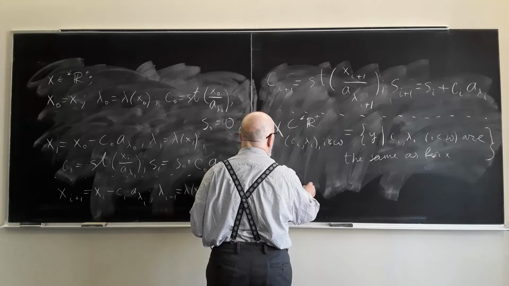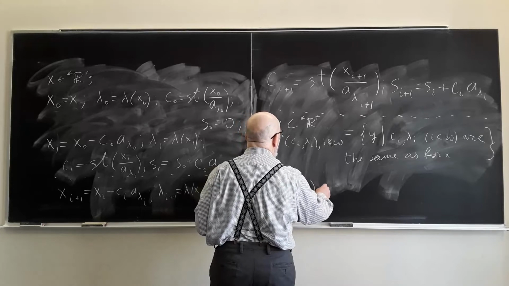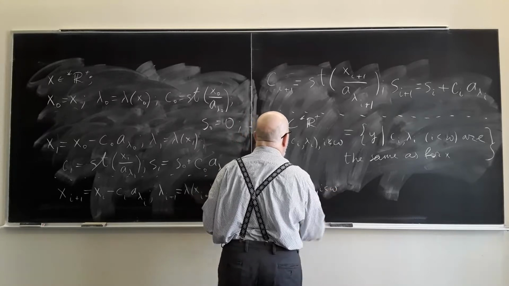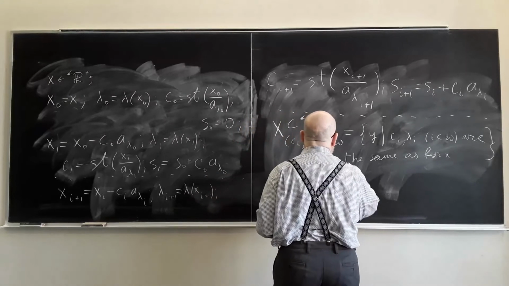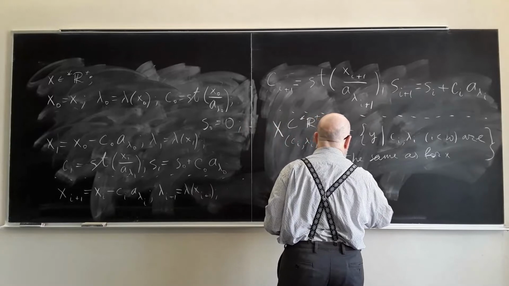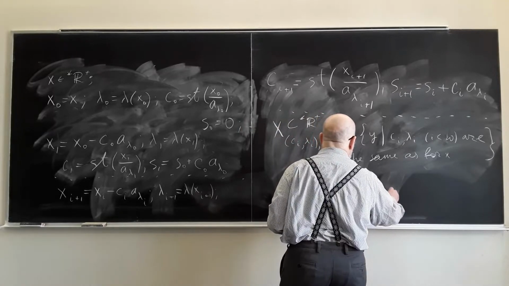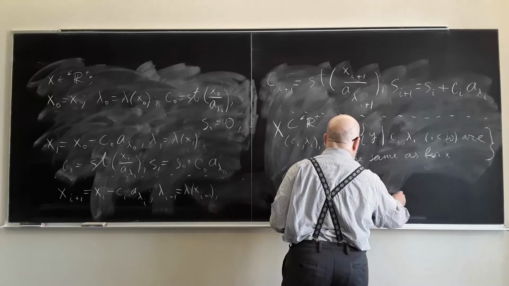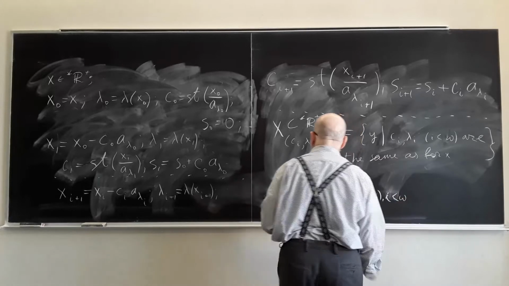Ci lambda i, i less than omega, in X. Yes?